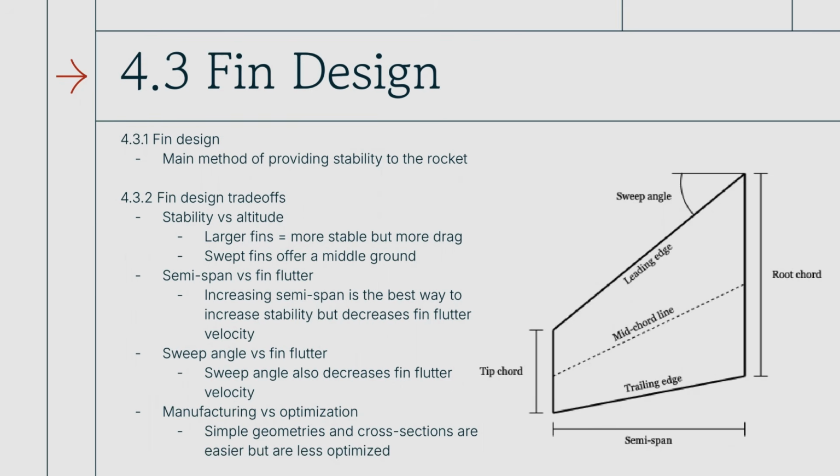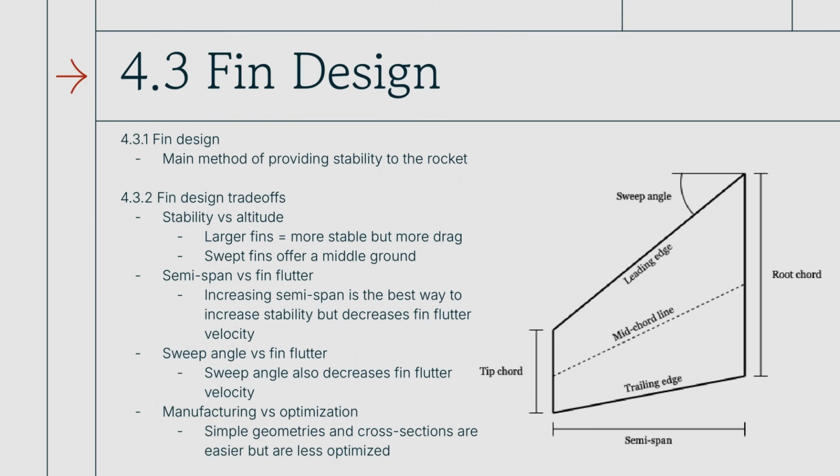However, the longer or the wider your fin is, the more you decrease the fin flutter velocity, which is something I'll talk about later. But essentially, you can't make your fin infinitely wide because then your fin gets really weak and susceptible to vibrations, and that can destroy your fin. So there's always that trade-off.